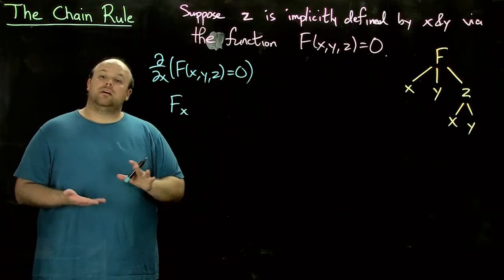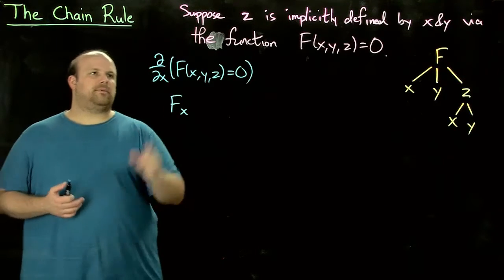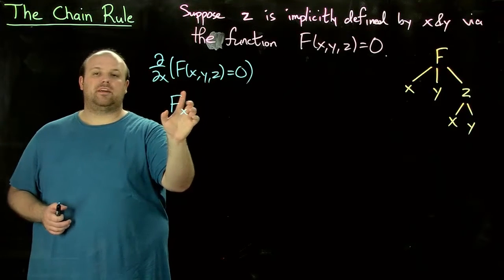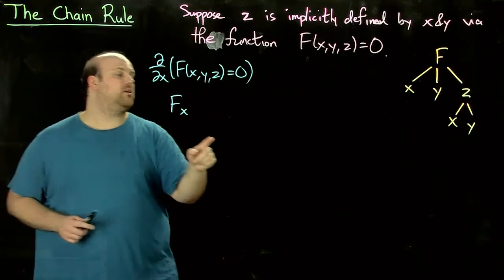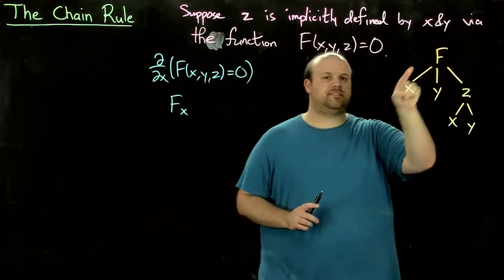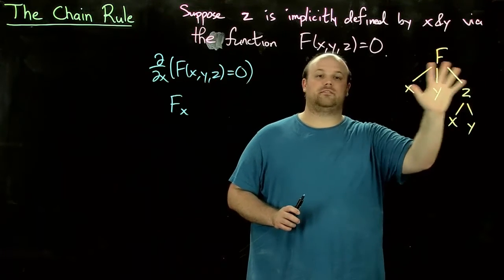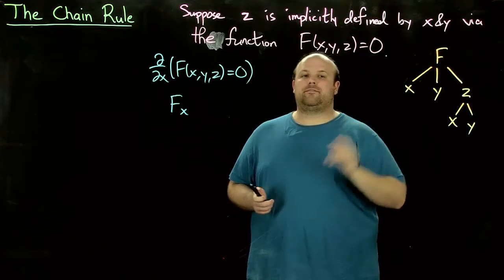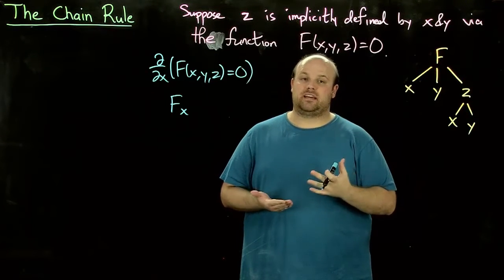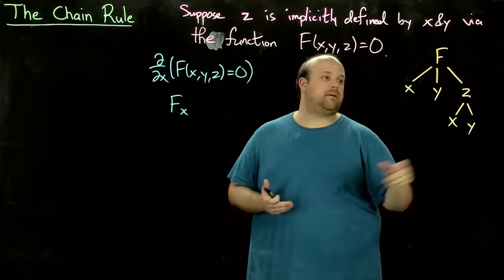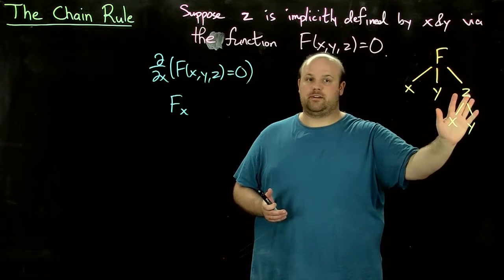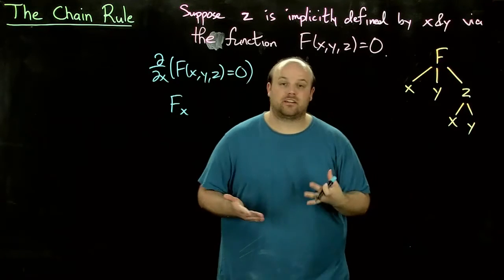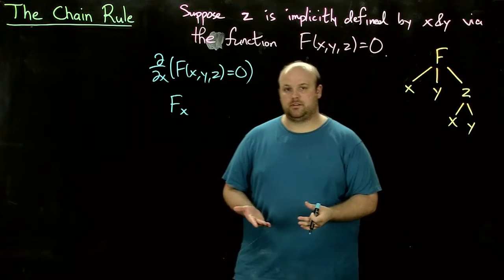Now, the difference between taking the derivative up here and over here is that, using this dependency tree, at this level we forget that z depends on x and y. In fact, we forget about that until we get down to this area. So for now, z is just a constant as far as x is concerned.